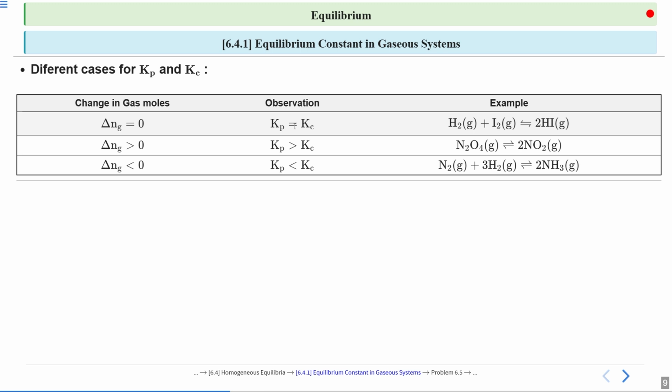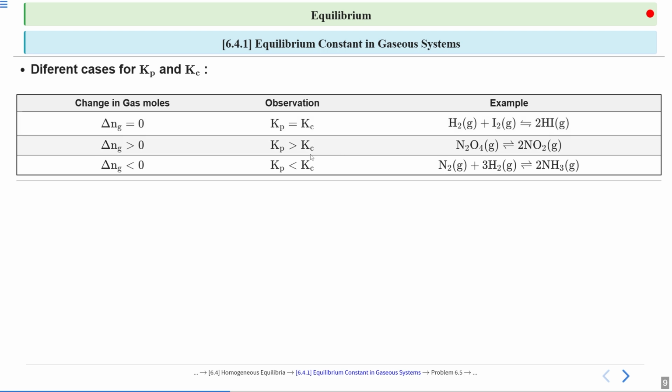You can keep both equal only if the change in number of gaseous molecules is 0. Suppose for this reaction, on the reactant side we have two molecules of gases, one of H2 and one of I2. On the product side, we again have two molecules, which is HI.